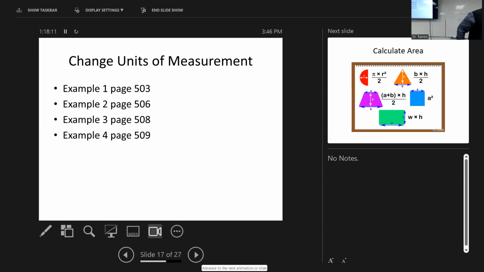Page 506. It says example 2. It tells you convert 704.7 meters to kilometers. We want it in kilometers.